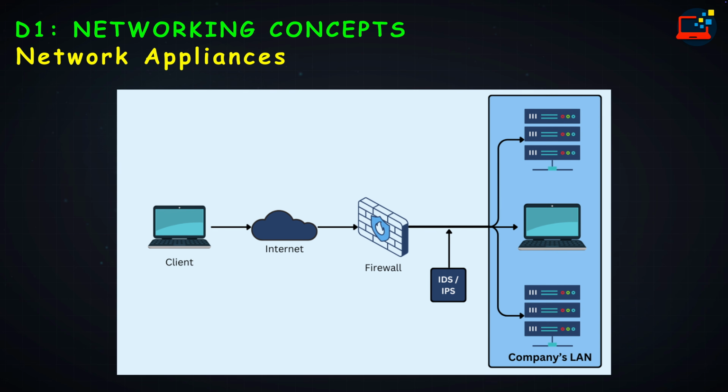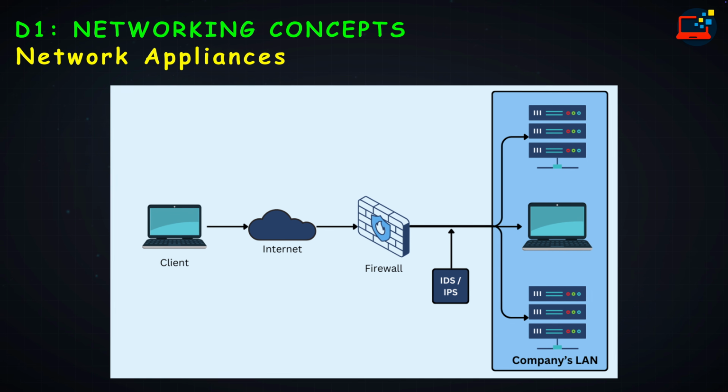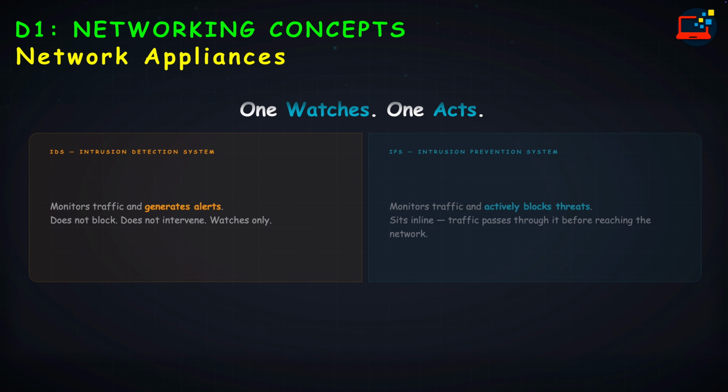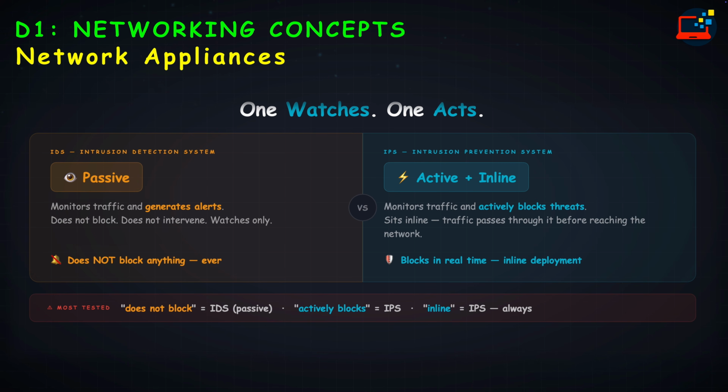An IDS, that's an intrusion detection system, monitors traffic and generates alerts. It does not block anything. An IPS, intrusion prevention system, monitors traffic and actively blocks threats in line. The single most tested difference: IDS is passive, IPS is active and inline.